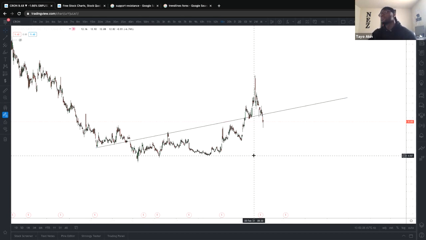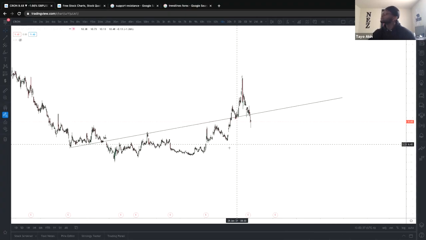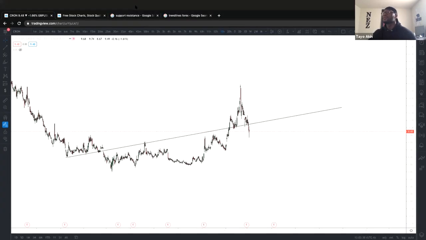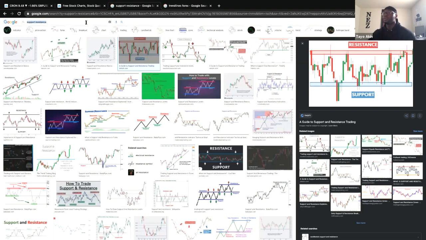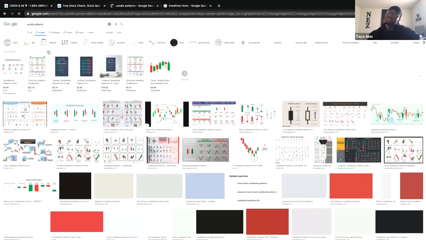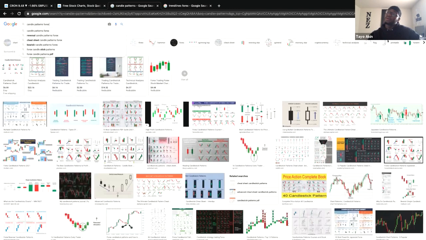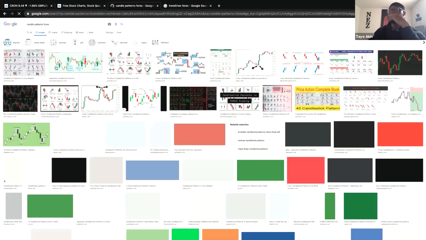So trend lines, those are trend lines, okay. And now we have candles. I don't think I want to really go over candles. I mean, I will. It's just these do not really apply to stocks.